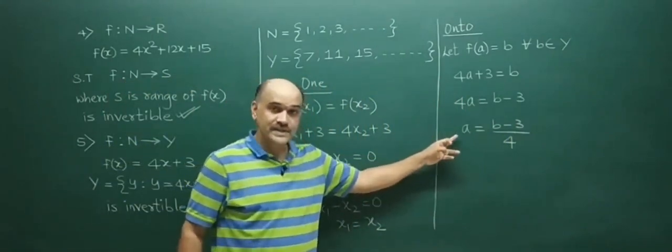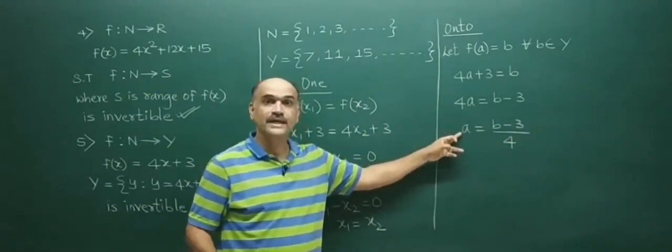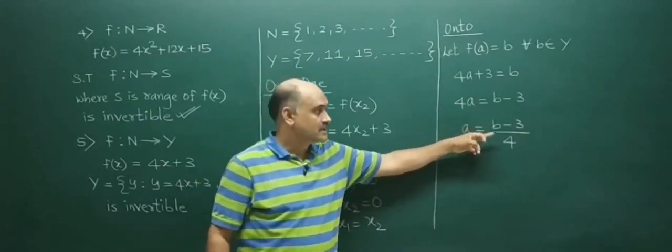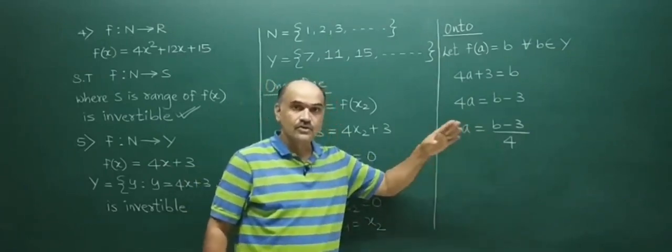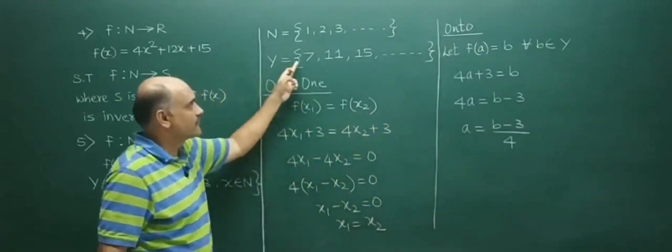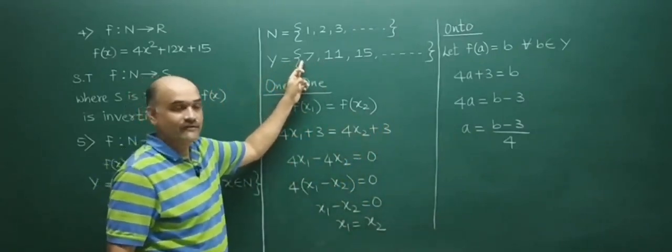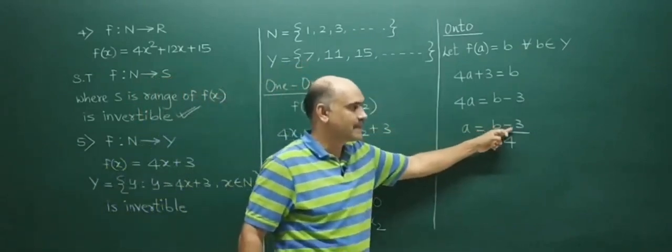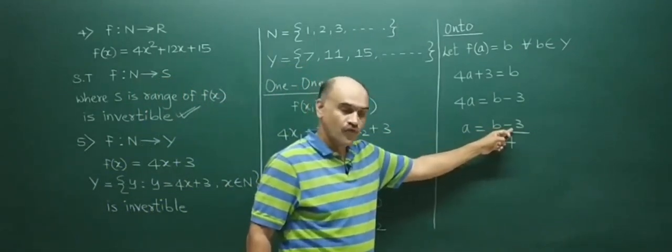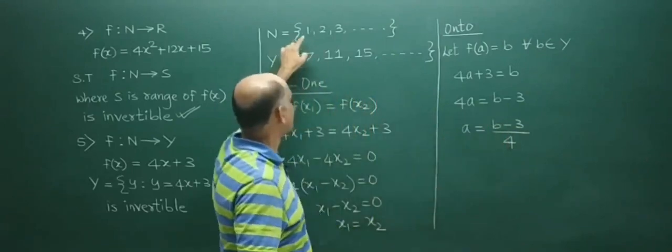Now, if you see over here, a should be a natural number. But here 4 is there. Don't worry about it. If you substitute these values, you will be getting natural numbers. If I take 7, 7 minus 3, 4, 4 by 4 is 1.